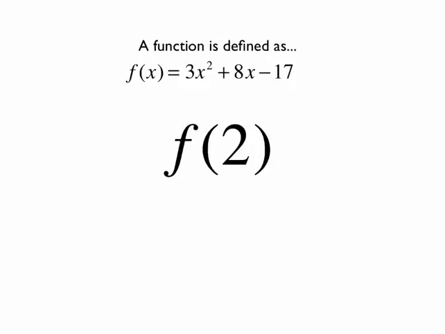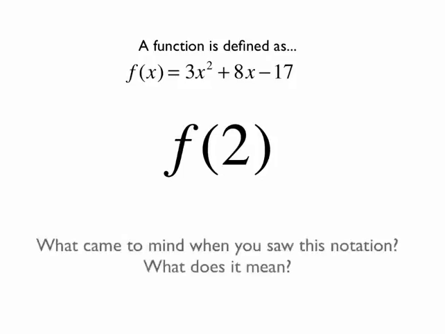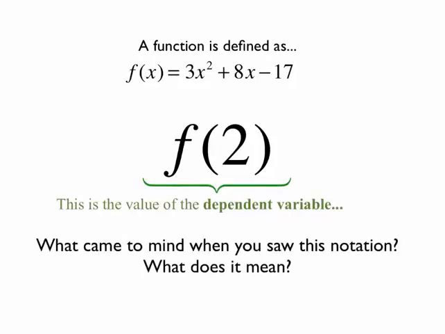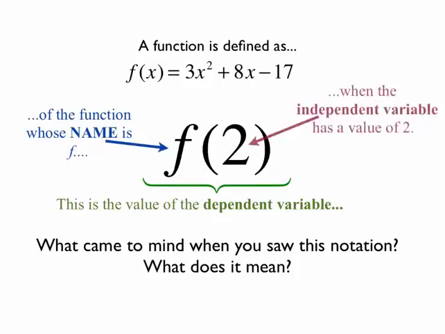Okay. How many people did not do any computation or arithmetic? Congratulations. This is the value of the dependent variable of a function whose name is f when the independent variable has a value of 2.